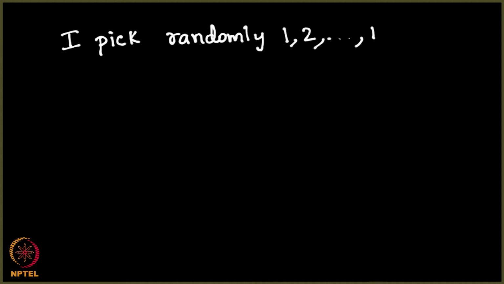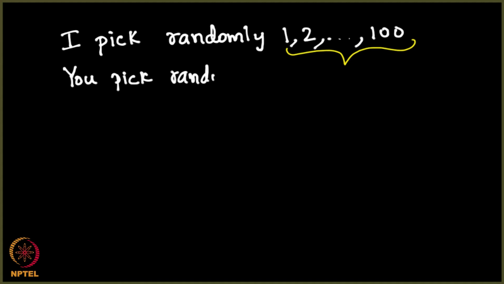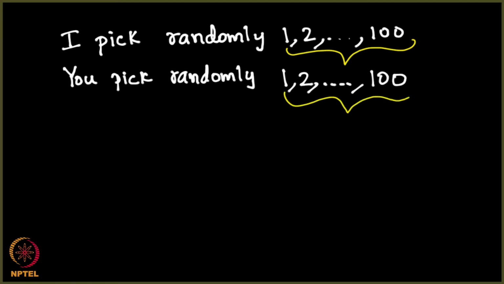One of these numbers I pick, some one number. Okay, and then you as another person, you also pick randomly some number from the same set, 1 to 100. Some number you will pick randomly here.